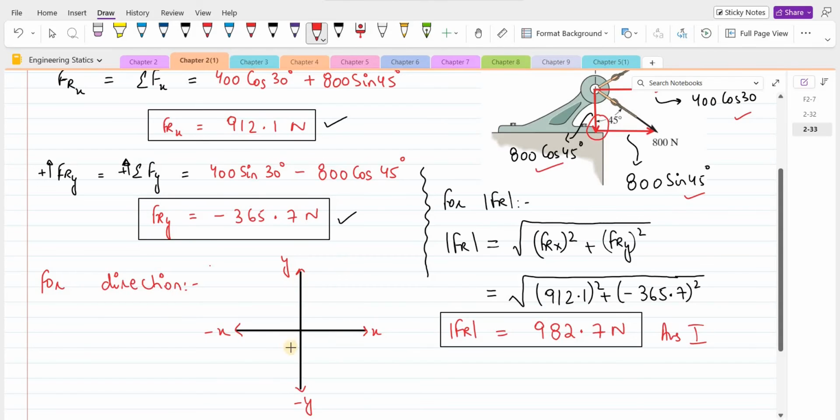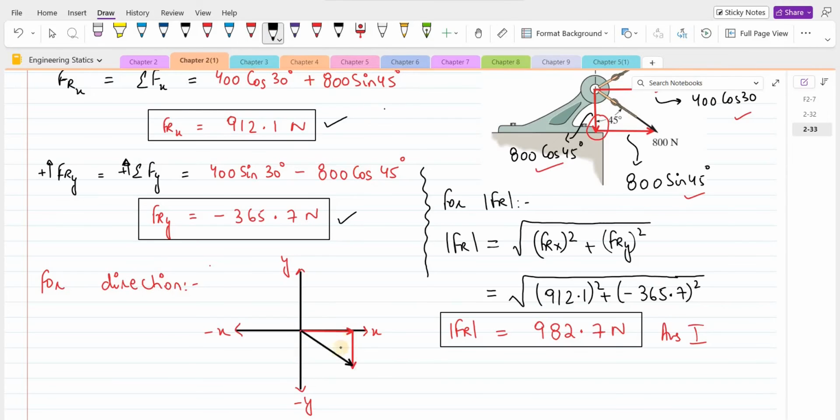By using the head-to-tail rule of vector addition, this is F_Rx, which is positive along the positive x-axis, and using the head-to-tail rule, this is F_Ry. The resultant can be drawn from the tail of the first vector to the head of the last vector.